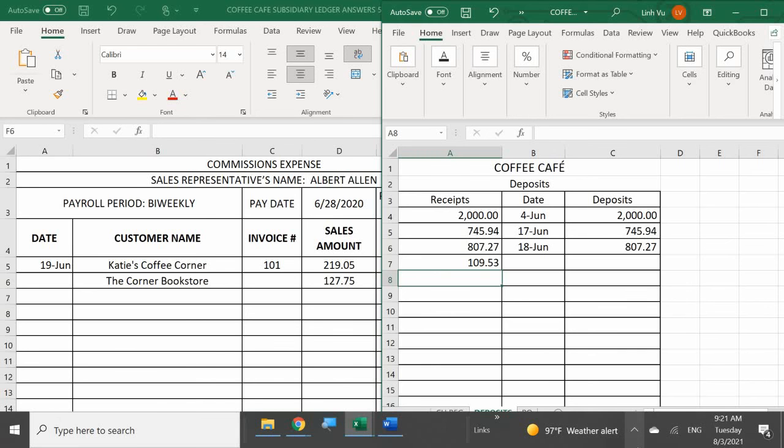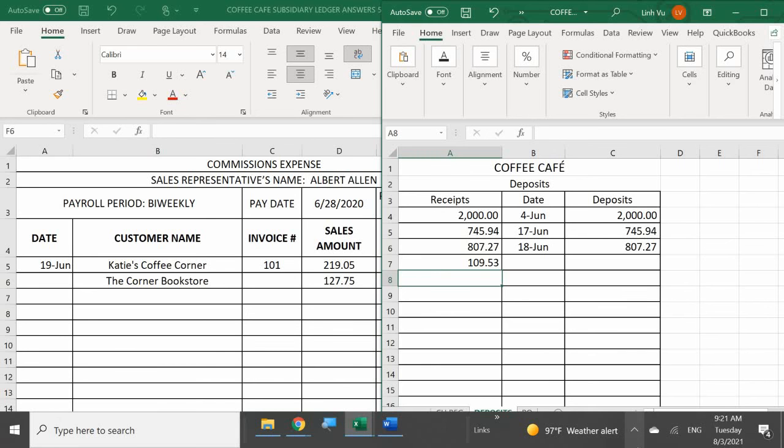This is why it's called receipts here, because this is everything that you collect, and then we're going to take one day to deposit everything. So the rule here is we're going to deposit at the end of the day. I collected my check. That's all I need to record here.